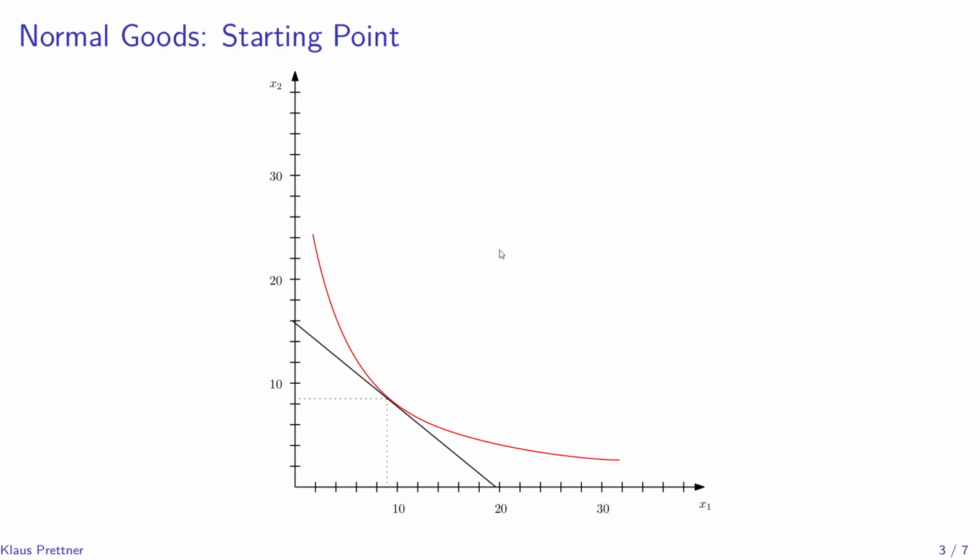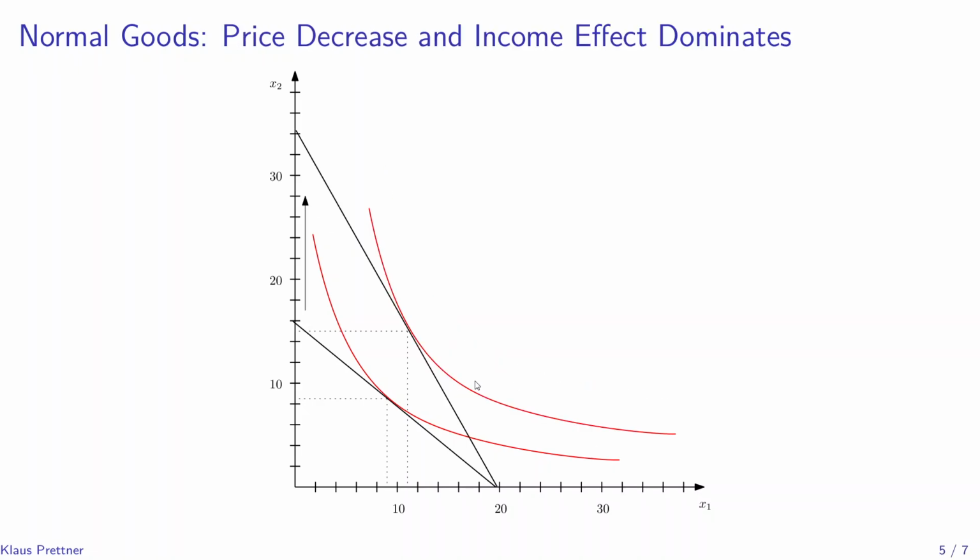Now consider that it's not the income, the available budget, that changes, but the price. Here we assume that the price of good 2 decreases. What we would have in this case is a rotation of the budget line around the point where it intersects the x-axis, because the price of good 1 does not change.